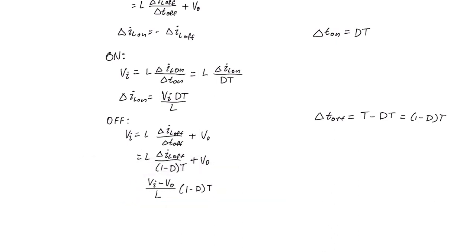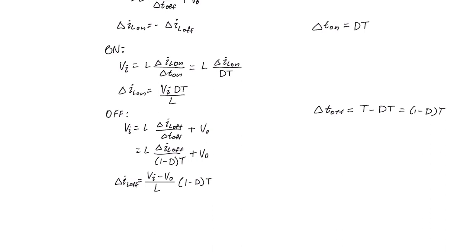So we just put it here, the change of current when it's off, IL off, is equal to that. So if we put these two equations here into this equation, we would be able to find the voltage ratio.